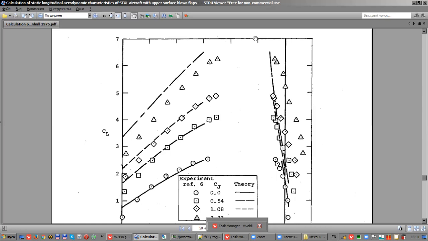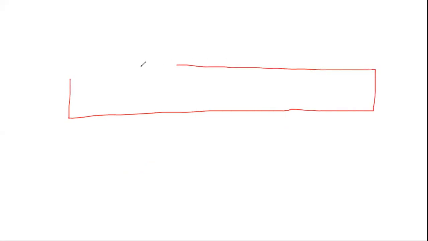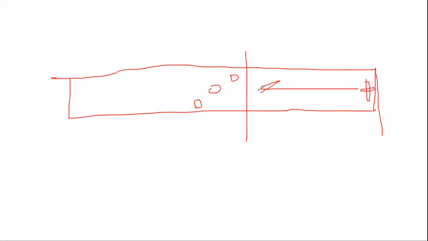And the military wants short takeoff, short landing aircraft that can take off from half of a typical airstrip. Like this, a typical airstrip. The enemy puts bombs in the middle part, and this is all that remains for your aircraft, and your aircraft must be able to take off from this small part.